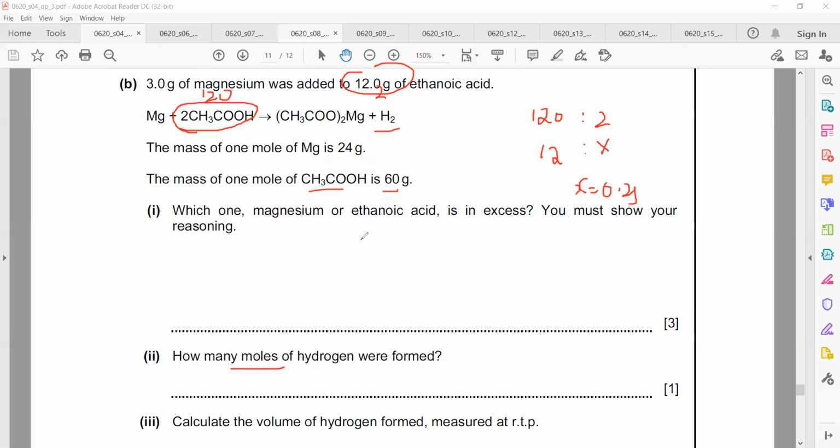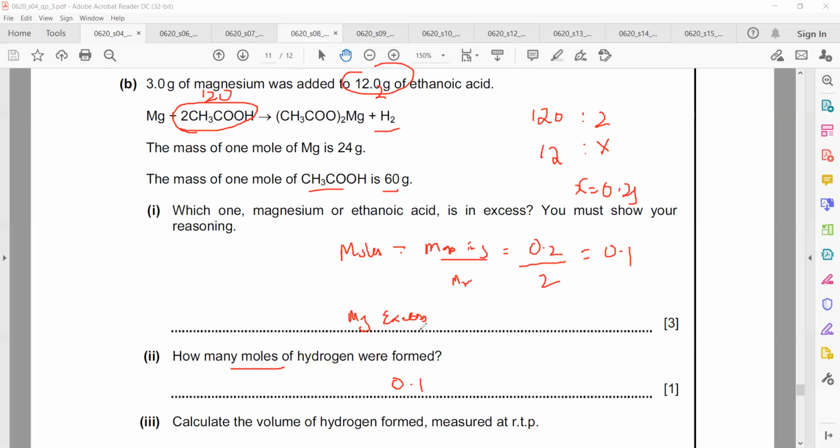How to convert the mass into moles? The formula: moles equal mass in gram divided by molar mass. The mass in gram was 0.2 and the molar mass, molecular mass, is 2. So 0.2 divided by 2 is 0.1. So moles of hydrogen are 0.1, and here magnesium was in excess.